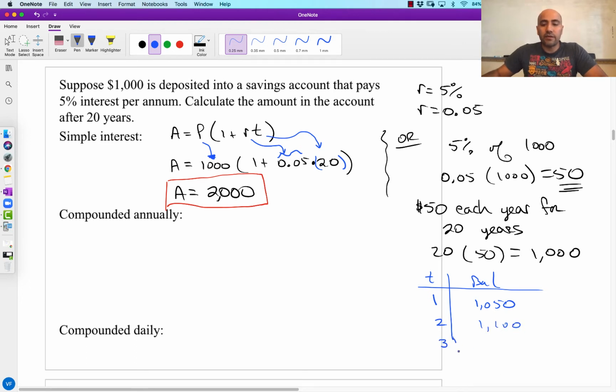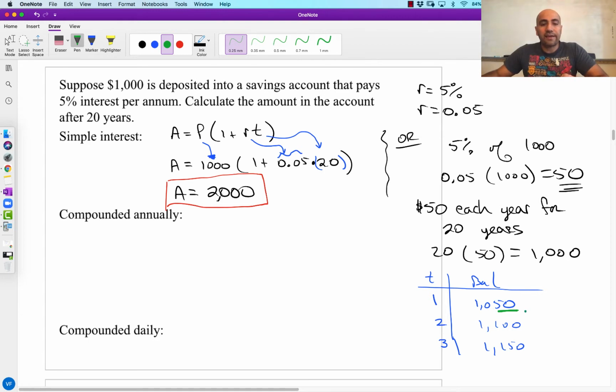At the end of 3 years, you'll have $1,150. You always get $50 every year. With compound interest, in the first year, you only earned $50 because you had $1,000 invested. But coming forward, now we want to earn interest on this as well.